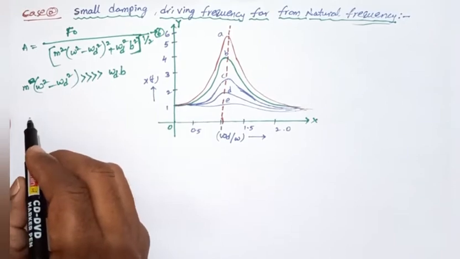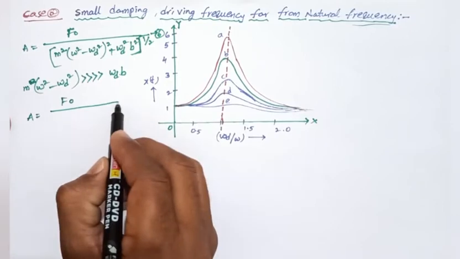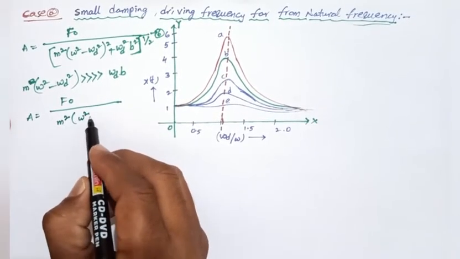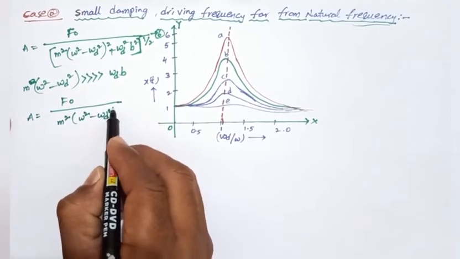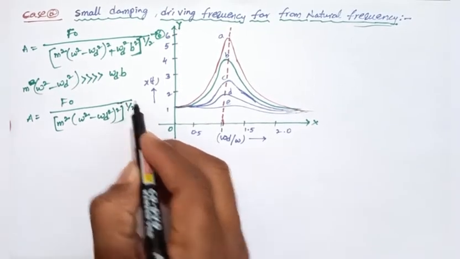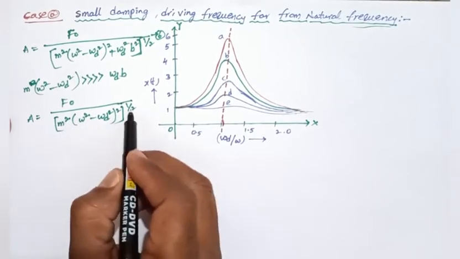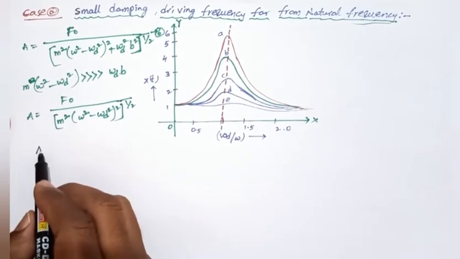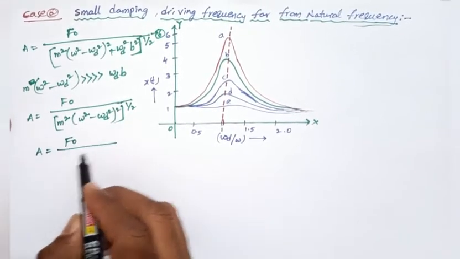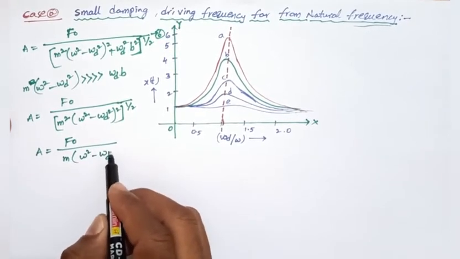Then we can write equation number 6 as A equals F naught divided by m square root of omega square minus omega d square whole square, to the power of 1 by 2. The square and the square root cancel, so A equals F naught divided by m into omega square minus omega d square.